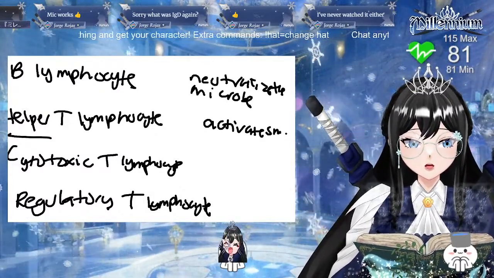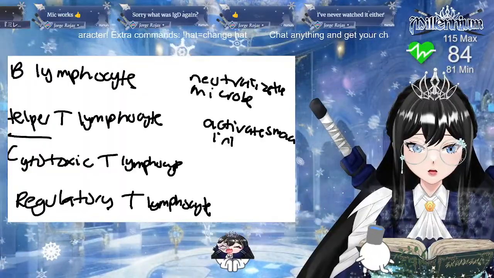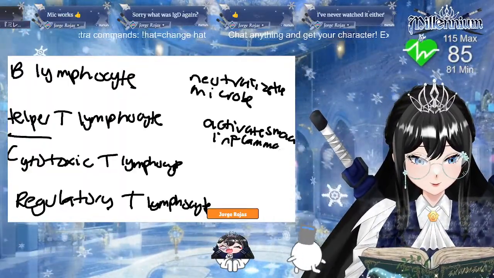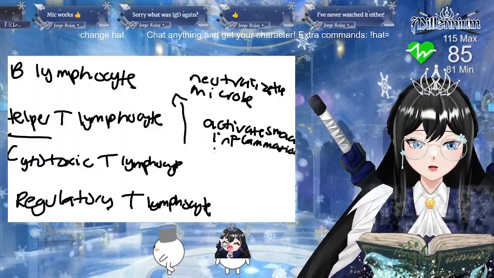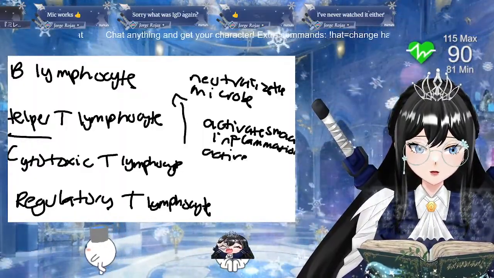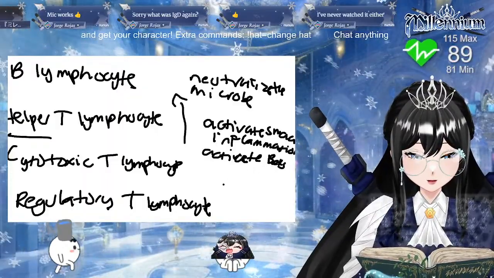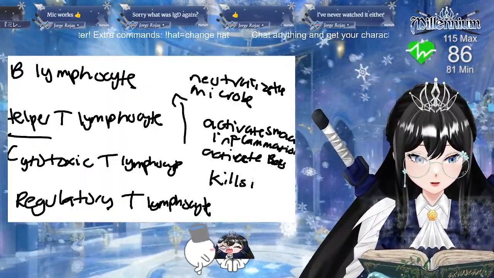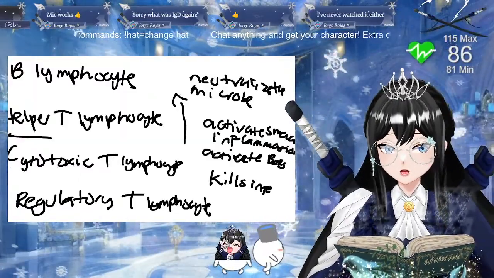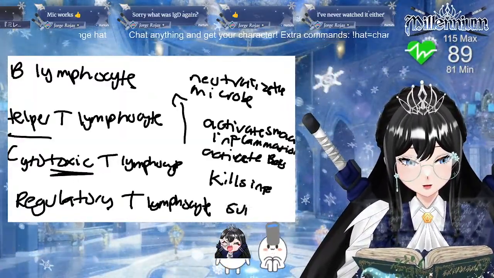They activate macrophages and do inflammation as well, and activate the B cells. Cytotoxic, who are they? They're the killers. They kill infected cells. Cytotoxic, toxic. Regulatory would suppress the immune response.